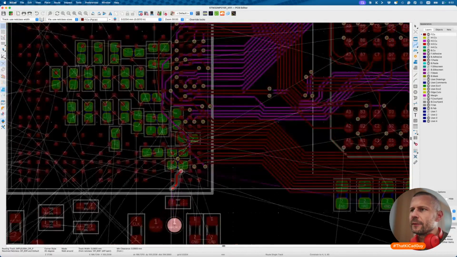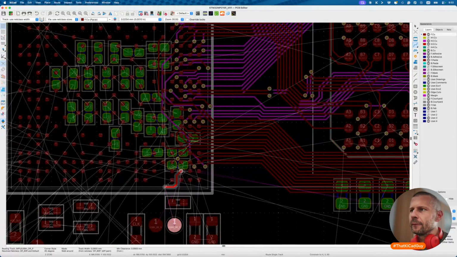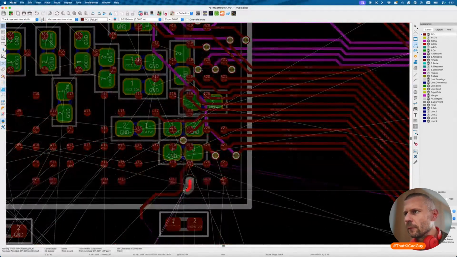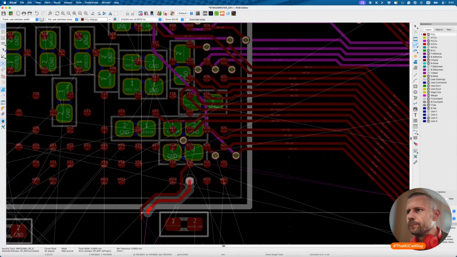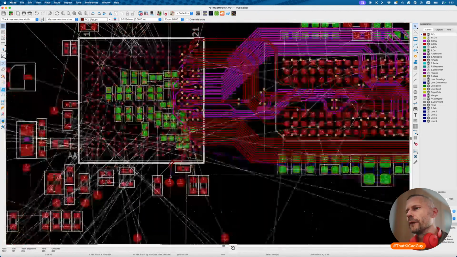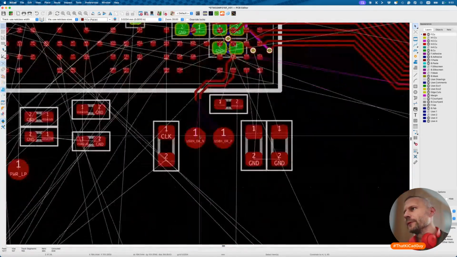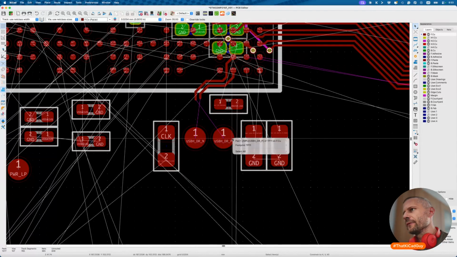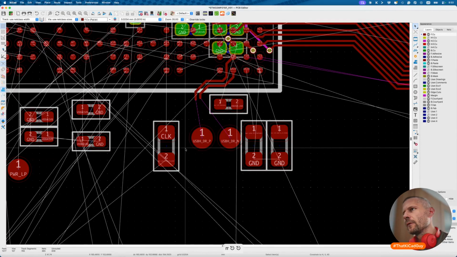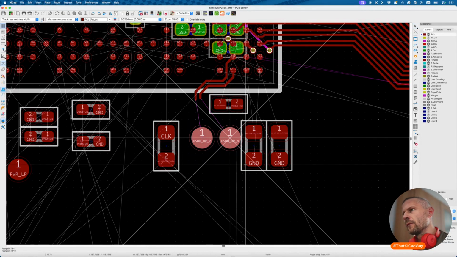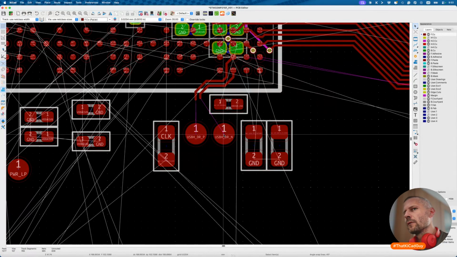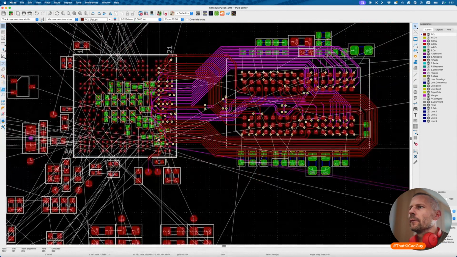Yeah, this time there is no connector. There are only test points, but the other port is the normal port. This one.